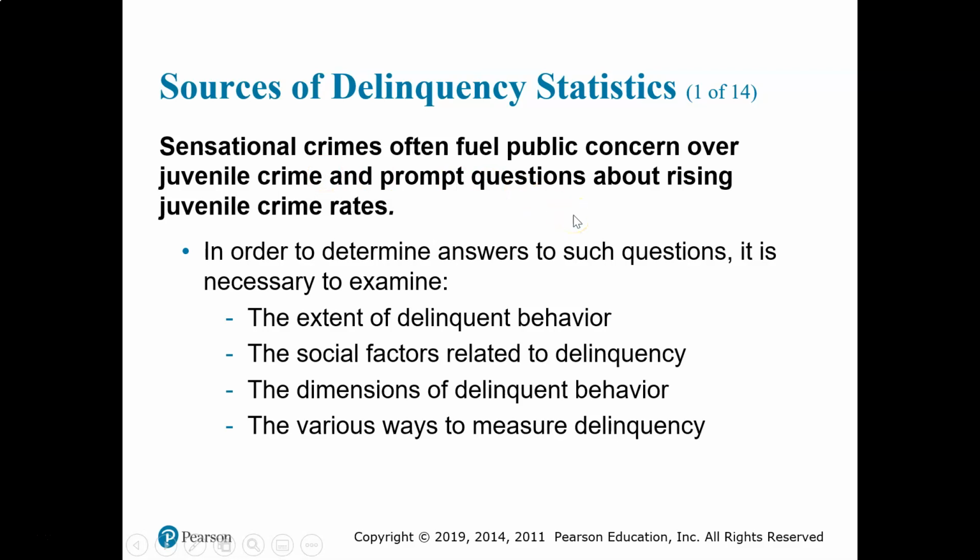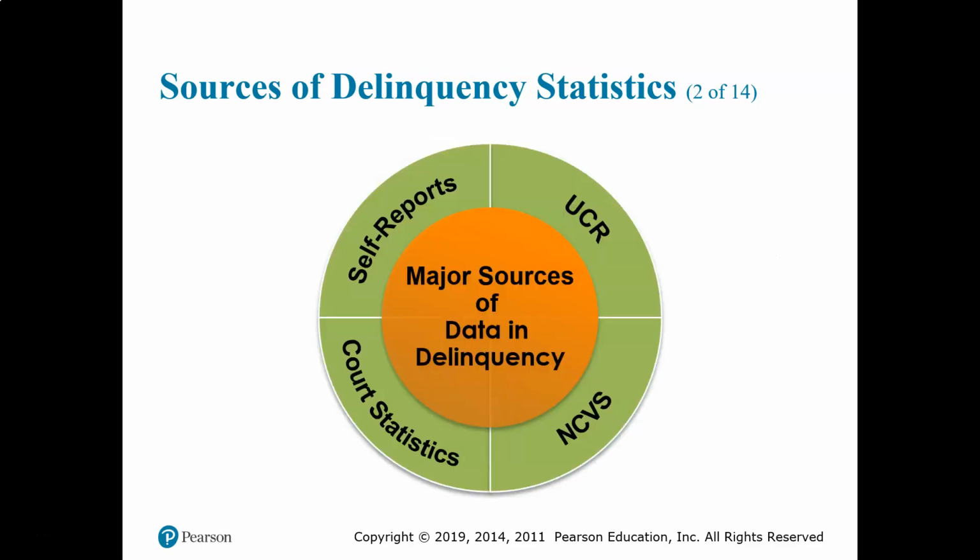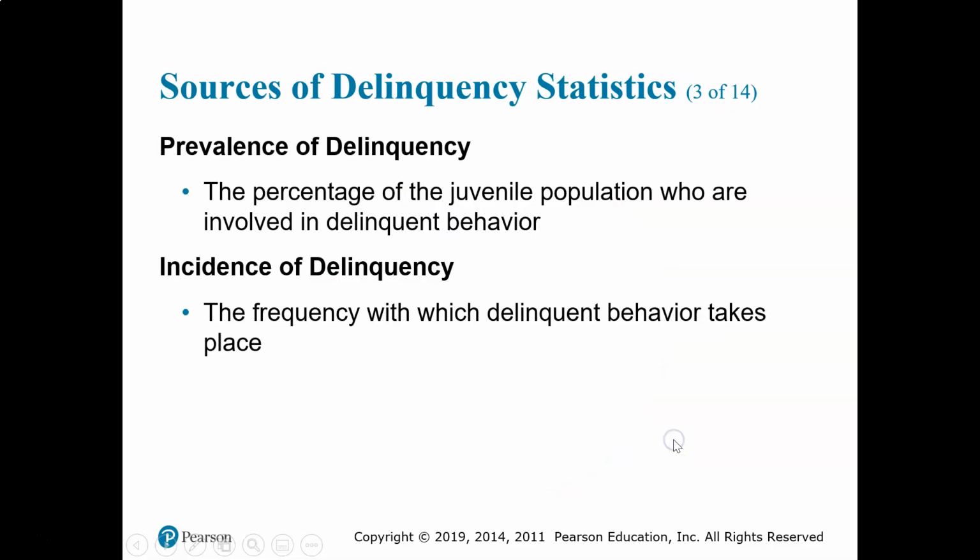And a lot of times that will skew our concept of how much crime is actually taking place. So to get more accurate numbers, we would use things like self-report studies, the Uniform Crime Report, the National Crime Victimization Survey, or court statistics. We're going to talk about each of those a little bit.